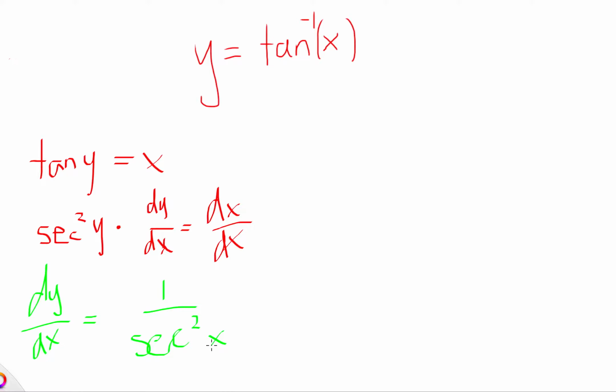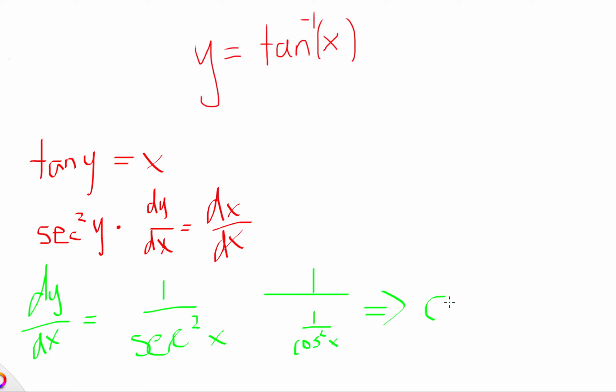And I'm just going to do this right away. It makes it a little bit easier, but secant squared is kind of ugly. So let's think about what secant squared is, right? It's 1 over cosine squared. So I'm going to replace that with 1 over cosine squared x. And from here, I can do a little bit more simplifying.